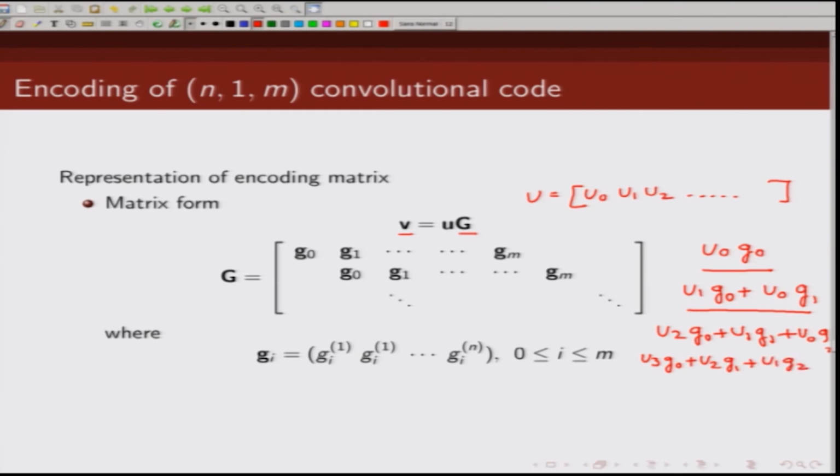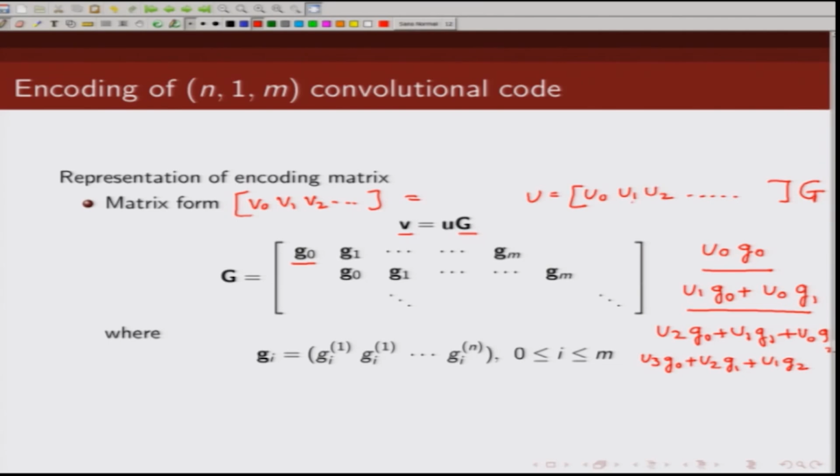Now, if we write the same thing in matrix form, what is V? V is basically the outputs at time 0, time 1, time 2, and so on. Written in this particular form, it is equal to U times this matrix G. Now, compare this equation with the earlier one. At the first time instance, our output is U0 times G0, so this is G0.